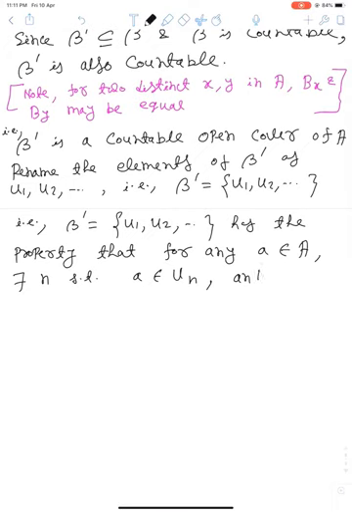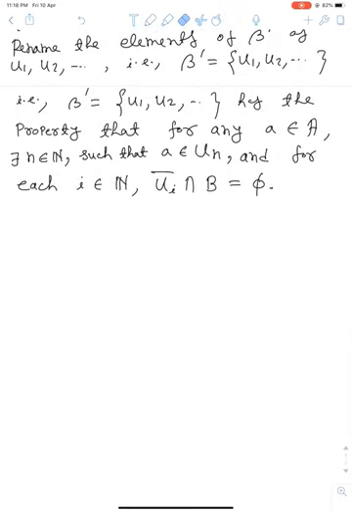And for each i belonging to the natural numbers, ui closure intersection B is empty. So this is my property of beta dash.